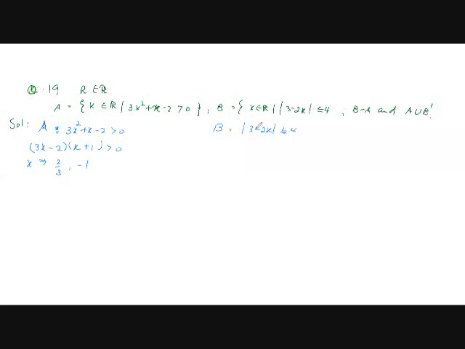Then from the definition of absolute value, less than or equal means and, the intersection. So we get 3 minus 2x less than or equal to 4 and greater than or equal to negative 4.